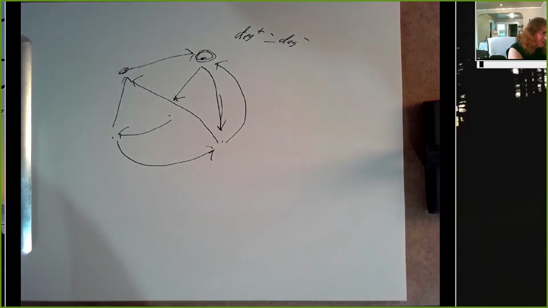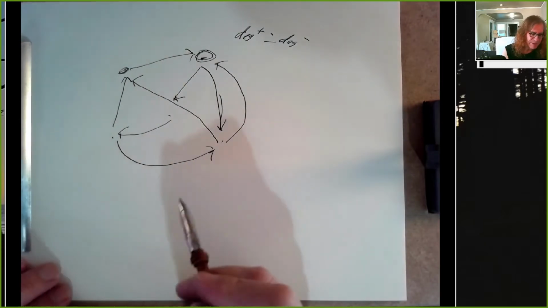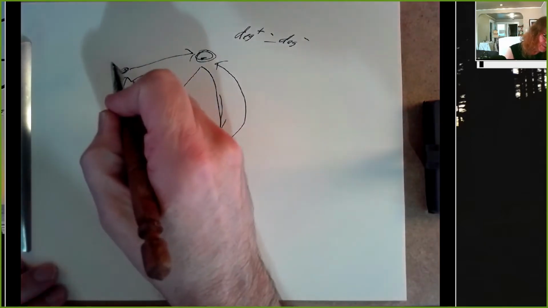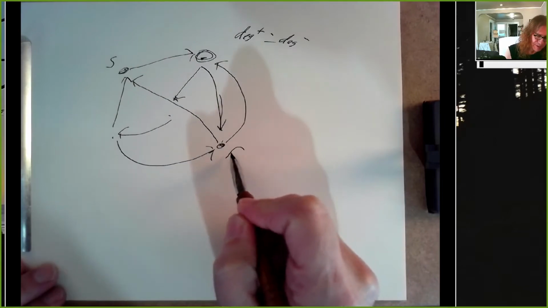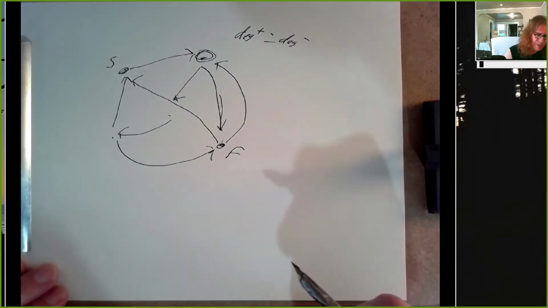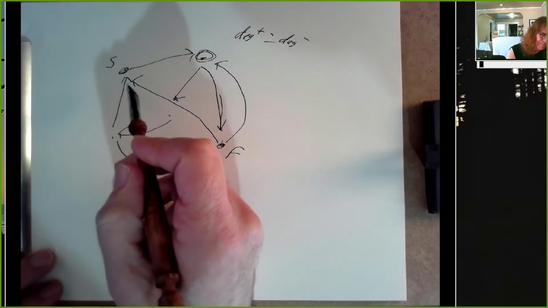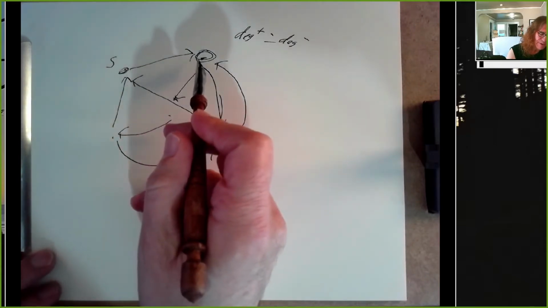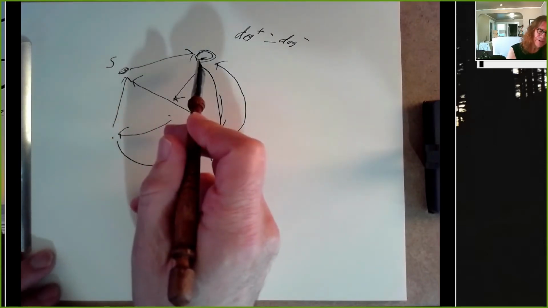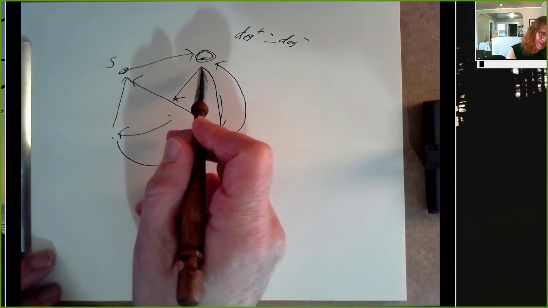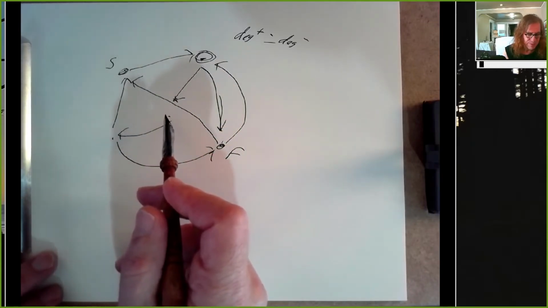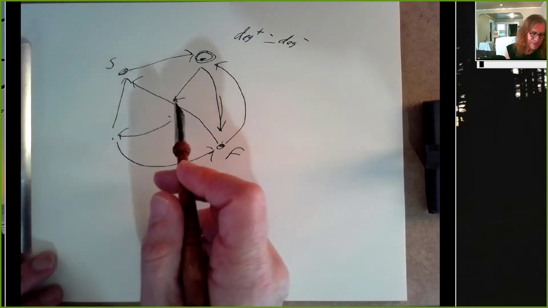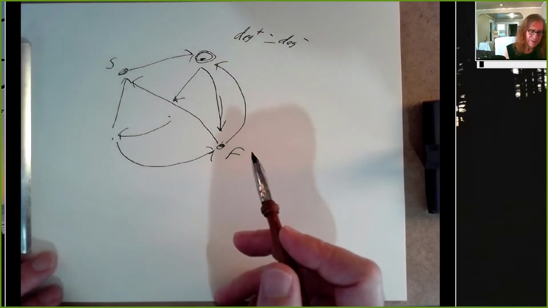All right. So picture a directed graph. There's one vertex that you're going to begin at, and some vertex that you're going to finish at. Every other vertex, as you arrive, you're going to follow an edge that contributes to the in degree, and you're going to leave through an edge that contributes to the out degree, which means the sum of all the in degrees must be the same as the sum of the out degrees.